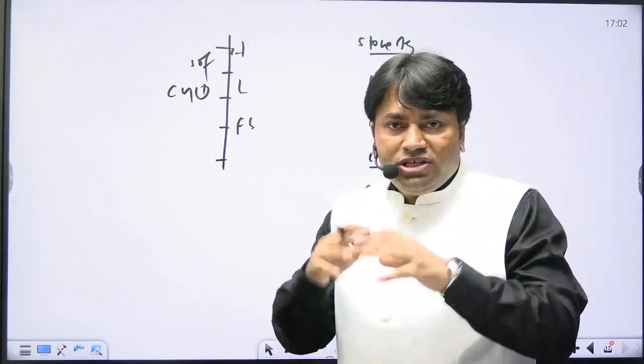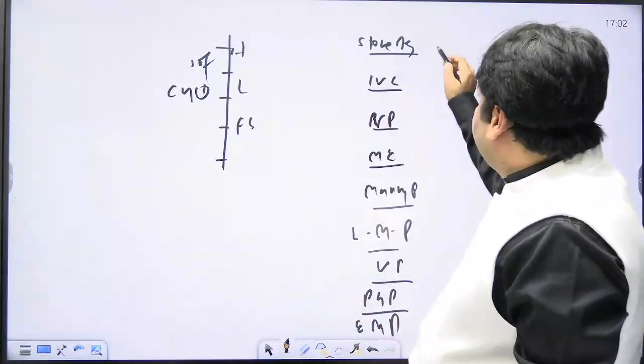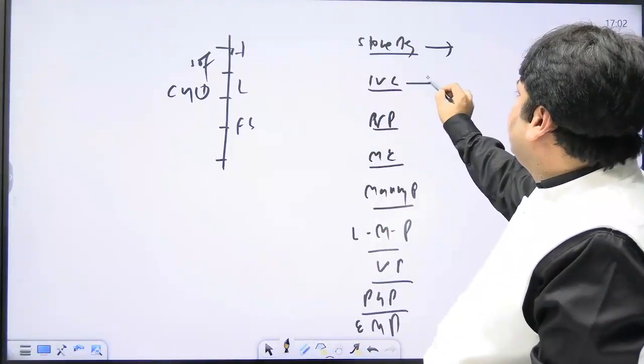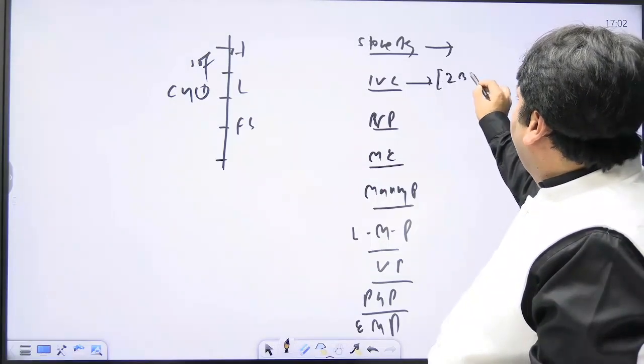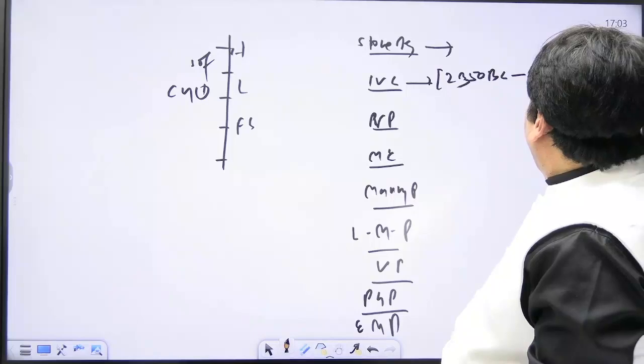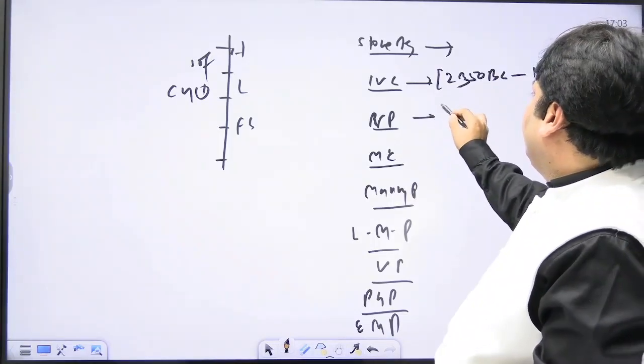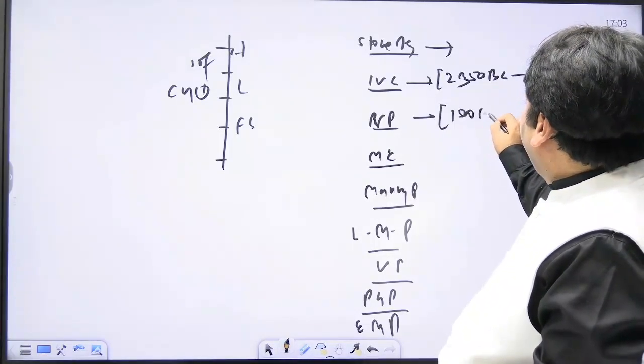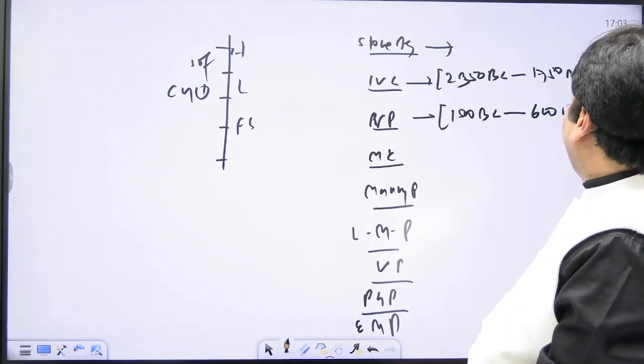Got it? So you need to understand this: the stone age periodization I will discuss, the Indus Valley civilization mature stage is 2350 BC to 1750 BC. The Vedic cultural phase is 1500 BC to 600 BC.